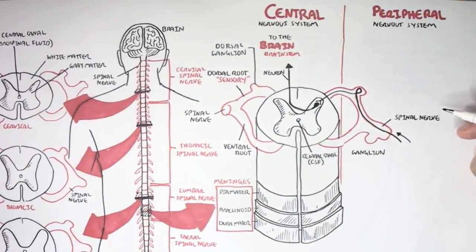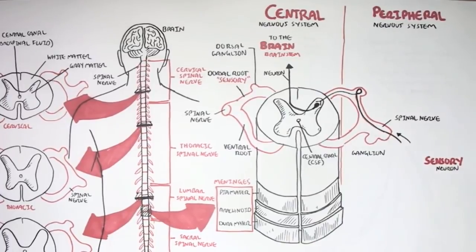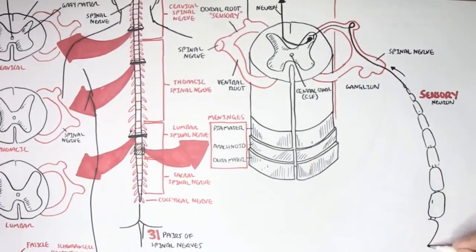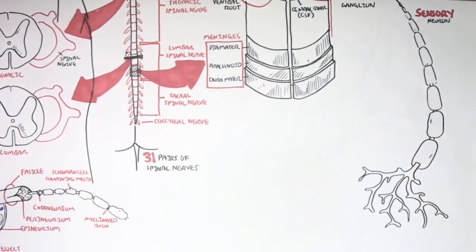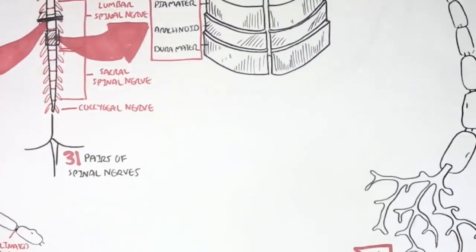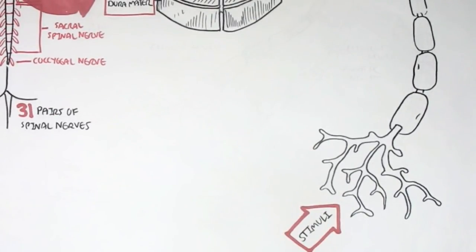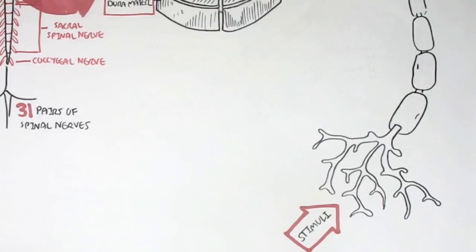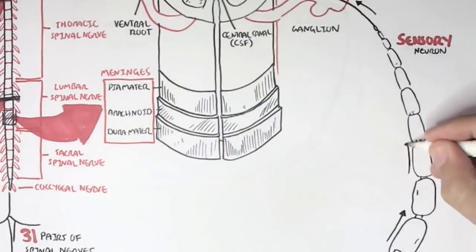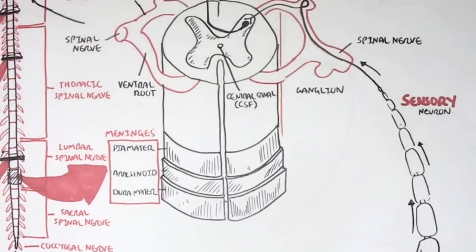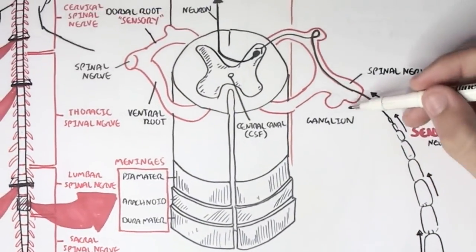So what I mean is that all sensory neurons from the periphery, such as this sensory neuron I am drawing with myelin wrapping around it, will receive some form of sensory stimulation, be it touch, pain, pressure, or whatnot. This will bring this sensory information to the central nervous system through the dorsal root of the spinal nerve.